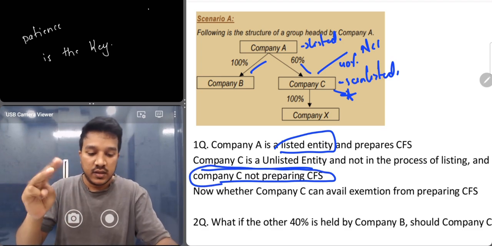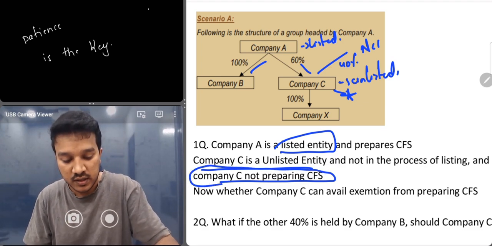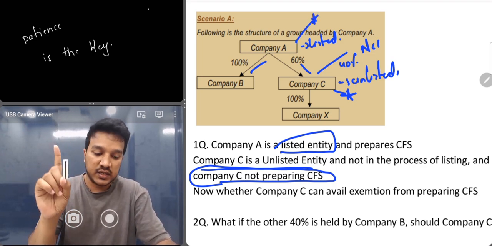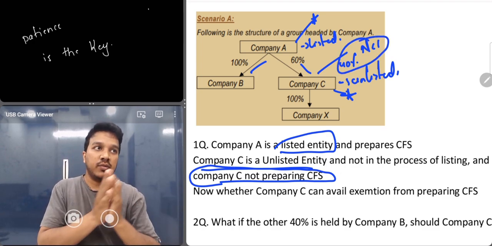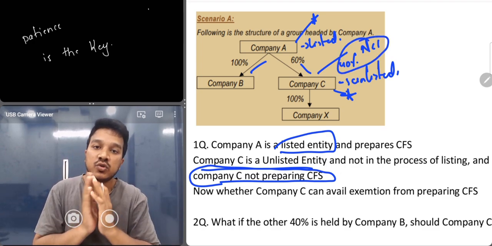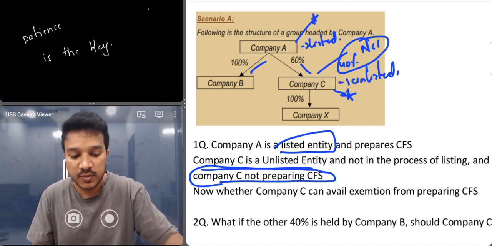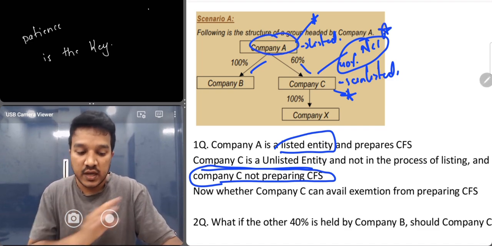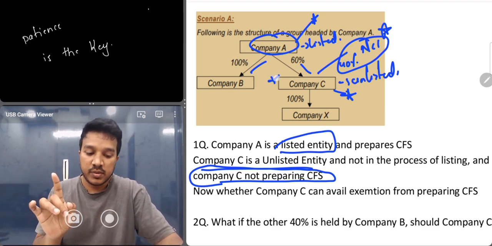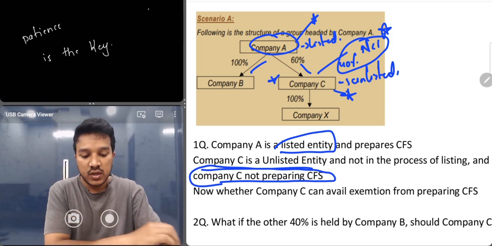For that there are three conditions. So you should know whether company A is preparing. In case company A is preparing CFS, the first condition is satisfied. And then C, not just A, has to take permission of this non-controlling interest also. It has to take permission from all of them and none of them should object. That is the second condition. If these two parents, company A and the non-controlling interest, don't object to company C not preparing CFS, then your second condition is also satisfied.